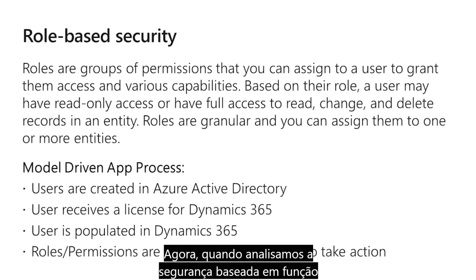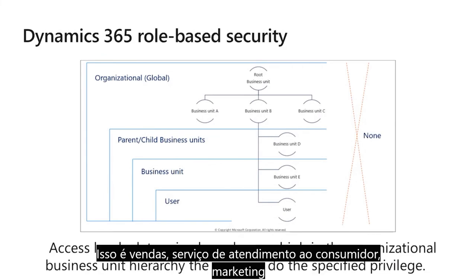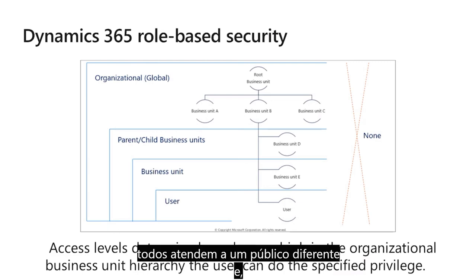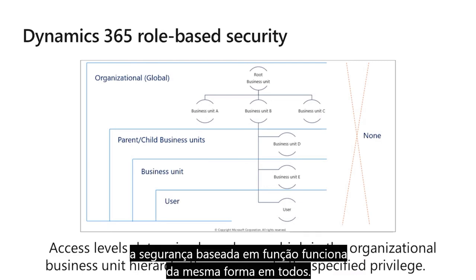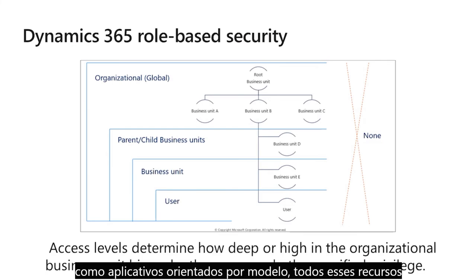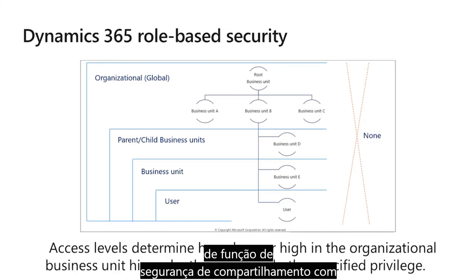Now, when we look at role-based security in model-driven apps, so this is sales, customer service, marketing, and field service, they all serve a different audience, but the role-based security works the same across all of them. What we see in this graph is that all model-driven applications share security role functionality with the common data service.